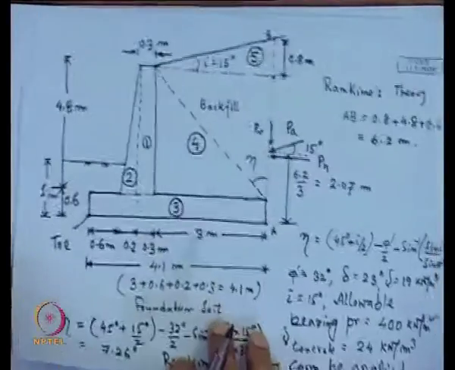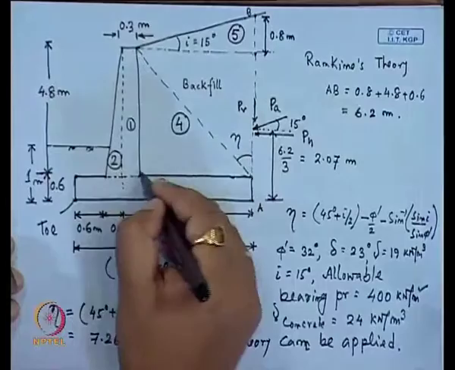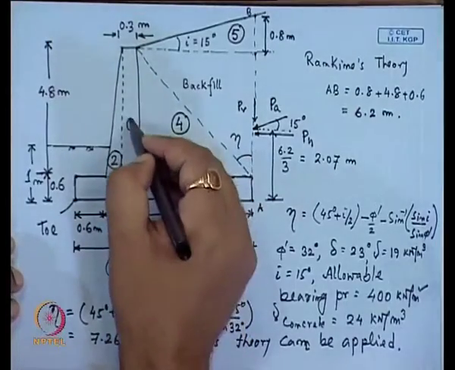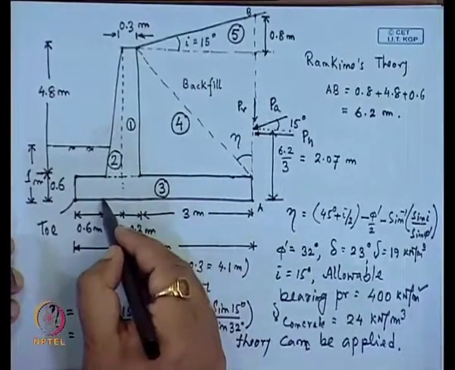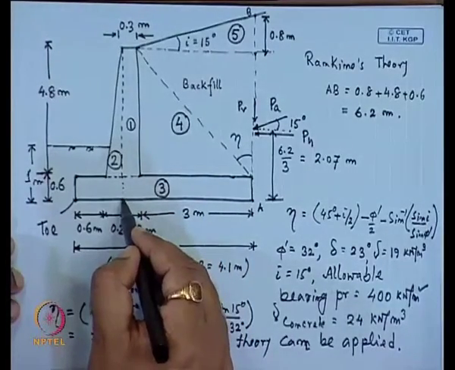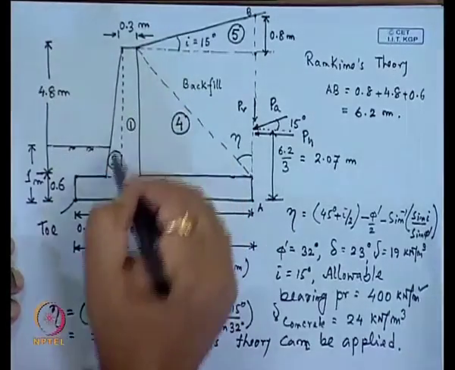If I consider the first segment, it is a rectangle, so the force will act at the center of this rectangle. So, the lever arm from the toe will be 0.6 plus 0.2 plus 0.3 divided by 2.